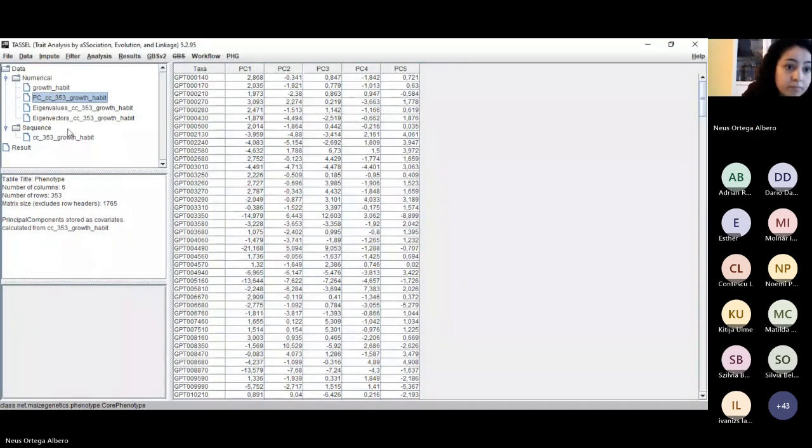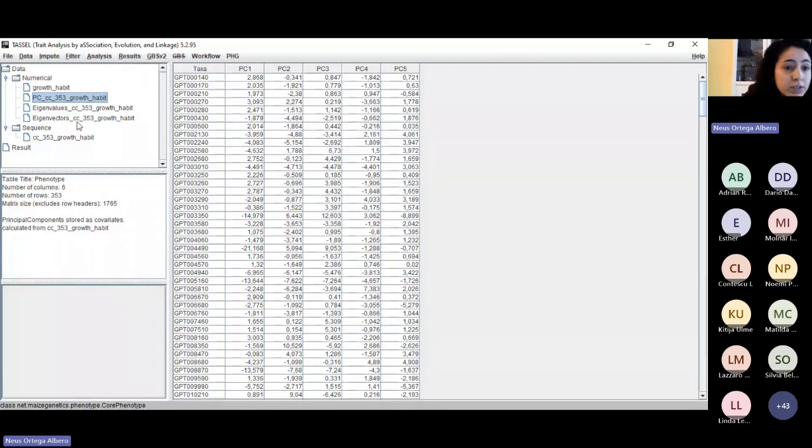Sorry, on the screen we see the table and not the PCA graph. Okay, there's no problem. It's in my presentation in PowerPoint. Sorry, I don't know why it's not displayed on the screen. But well, it's not a problem.